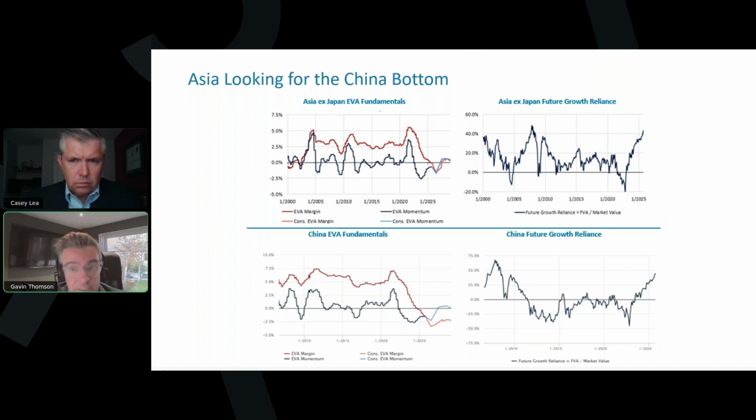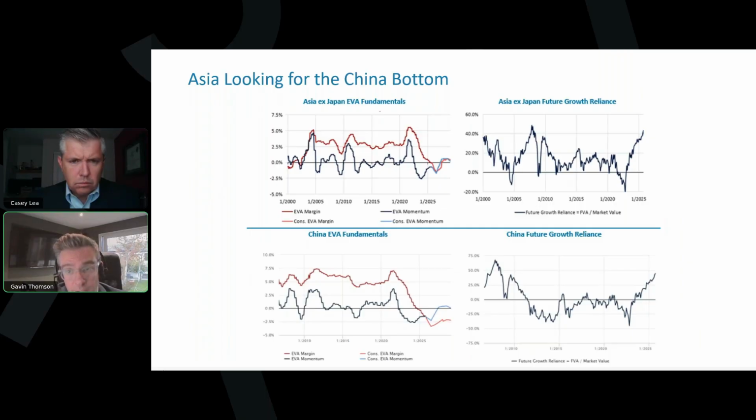It continues to see consensus revising down, so that's the one market where we really see a lot of downward consensus revisions. EVA profitability is negative, the lowest since 2000. I haven't gone that far back on this chart, but actually it's since 2000, and that downward trend's really been a constant from 2022.